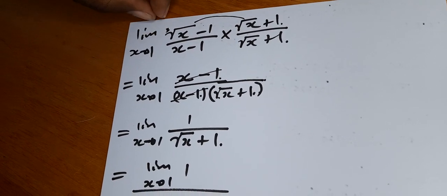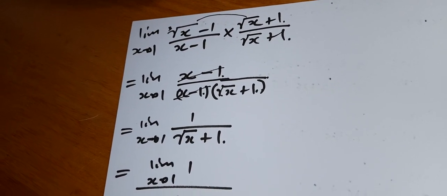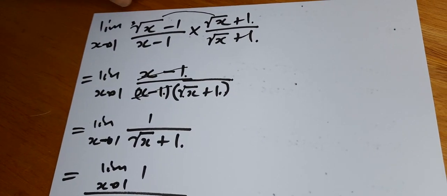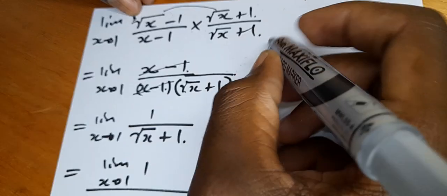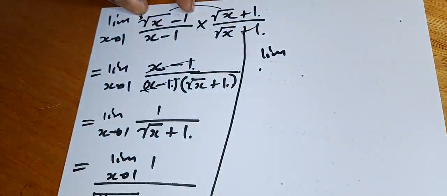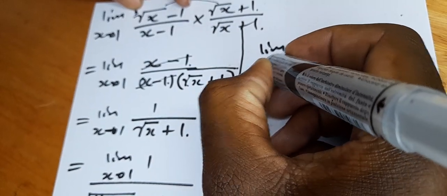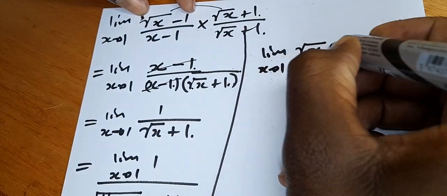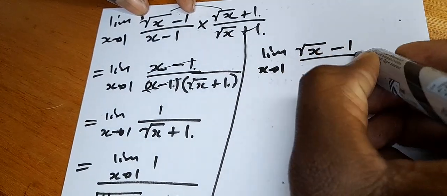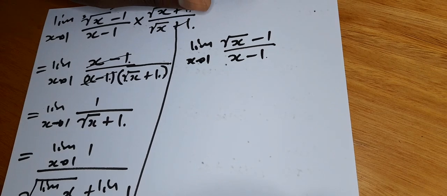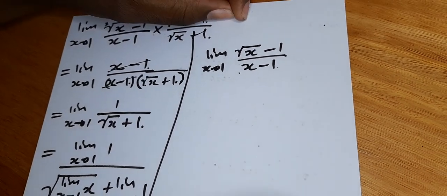So how are we going to treat a question if we have a cube root here? I will start by treating the one that we have, the limit as x approaches 1 of the square root of x minus 1 all over x minus 1. So I'm going to use a factorization method.